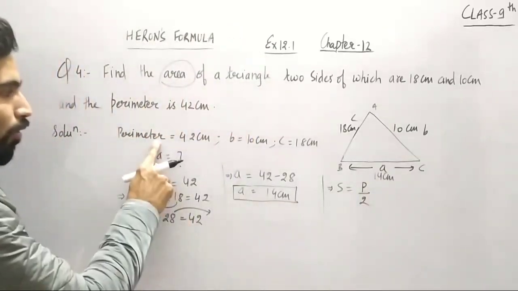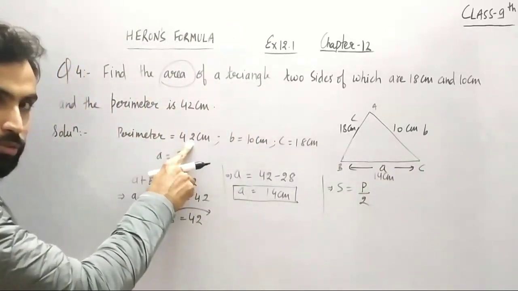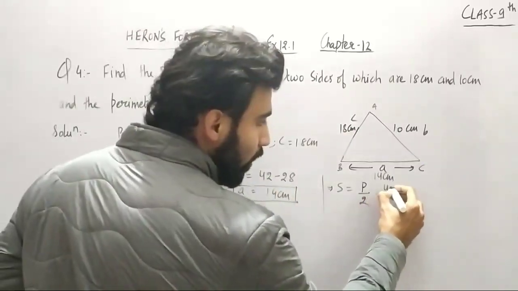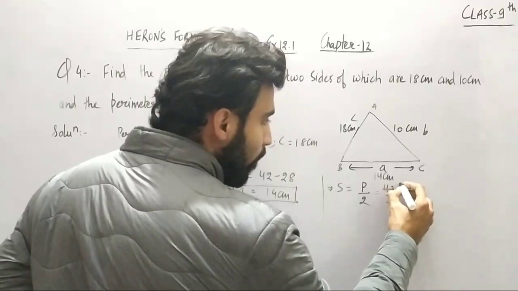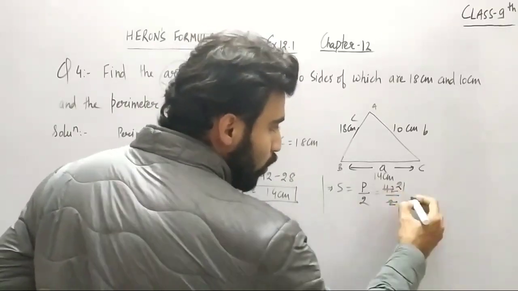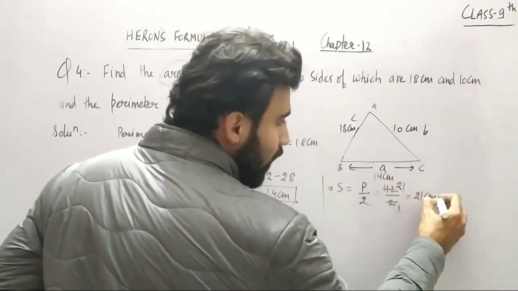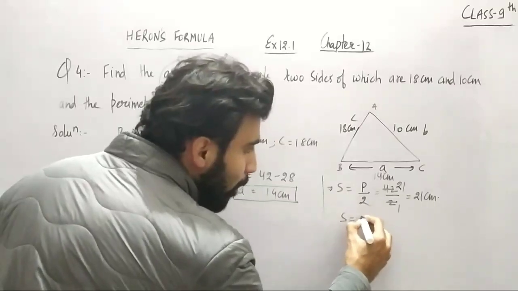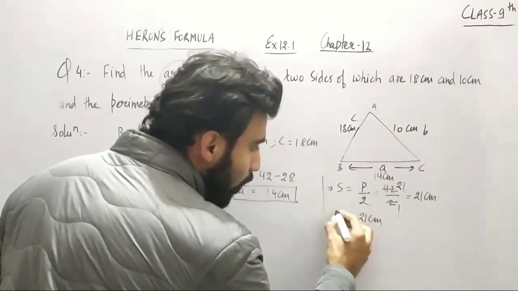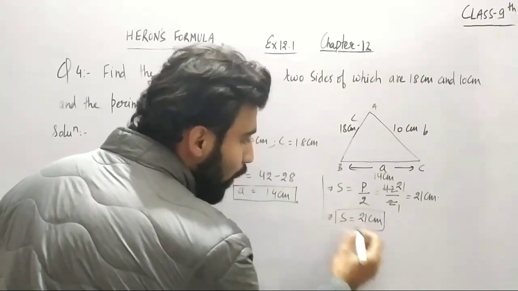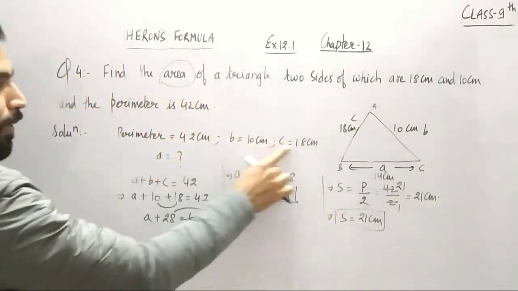So यहाँ पे हमें already perimeter पता है, that is 42. So let me just write it here. So इसका half क्या हो जाएगा? You can see if I reduce it by the table of 2, so 2 2 4, 2 1 2. So that will be 21 centimeter, right? So हमारे पास semi-perimeter यानी कि S की वैल्यू कितनी आ चुकी है? 21 centimeter, right?